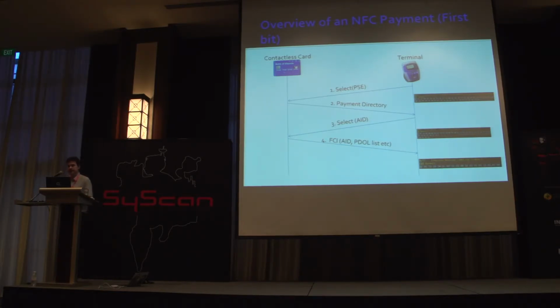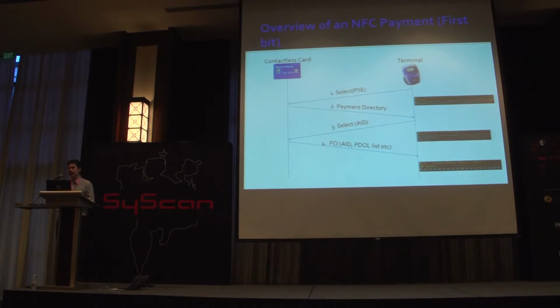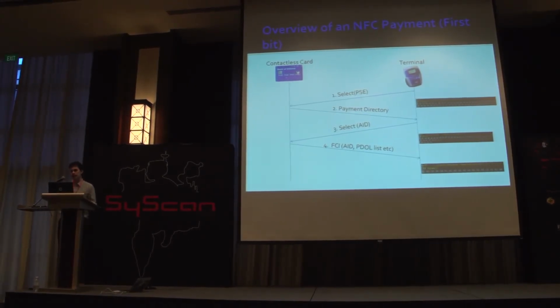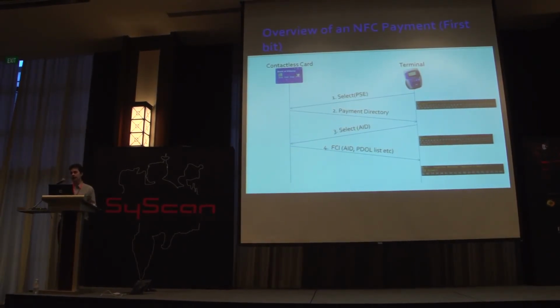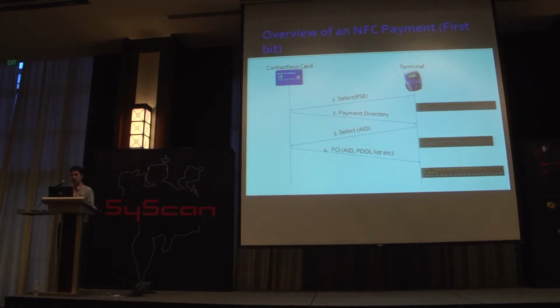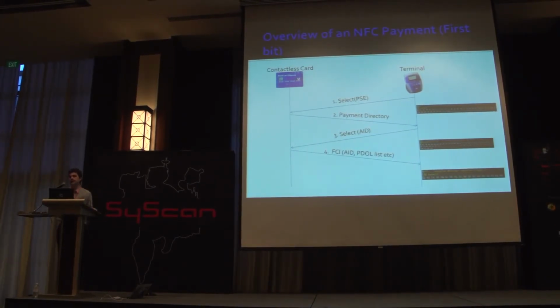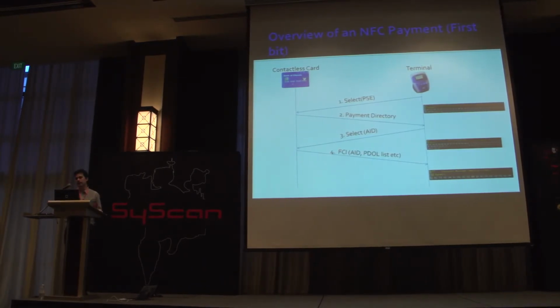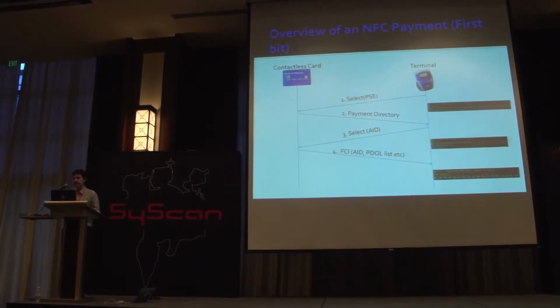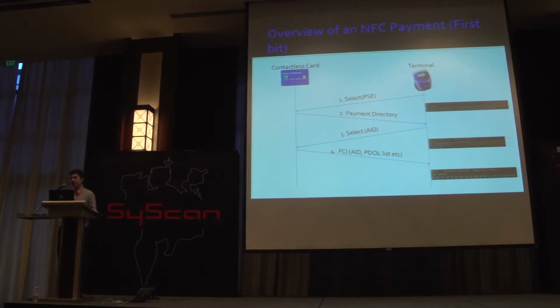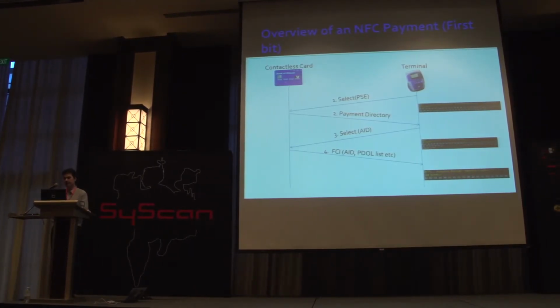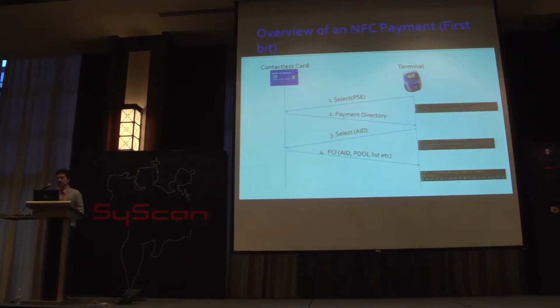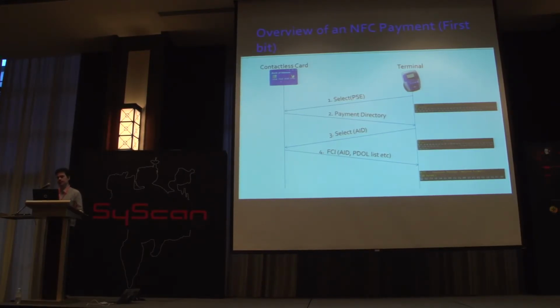In Mastercard's case, this PDOL list is normally 0, so there are actually no tags required in this list. However, in the Visa standard, you've got to send a number of different fields. These normally amount to amounts, date of transaction, and the terminal unpredictable number. But the same kind of structure is basically used between Mastercard, Visa, and I think Amex as well.